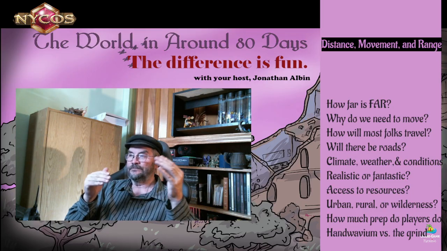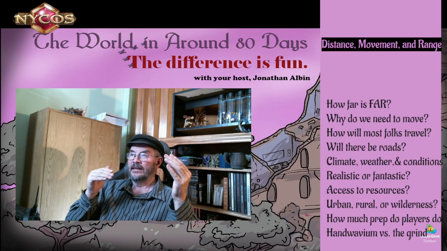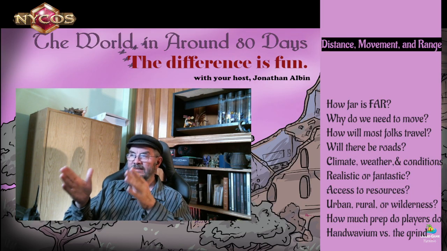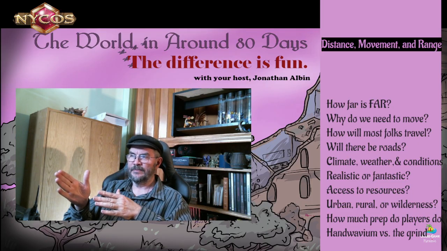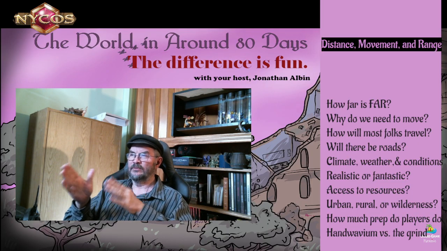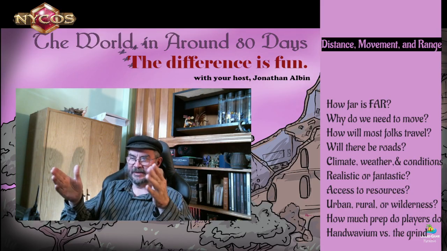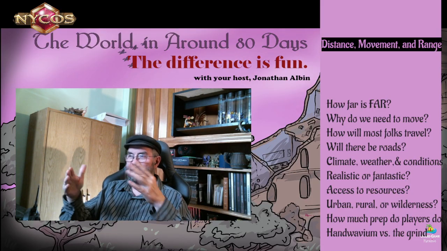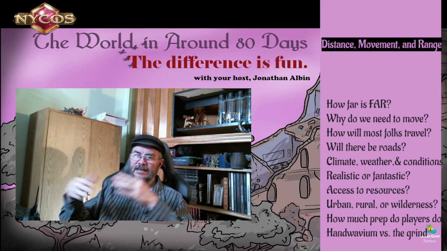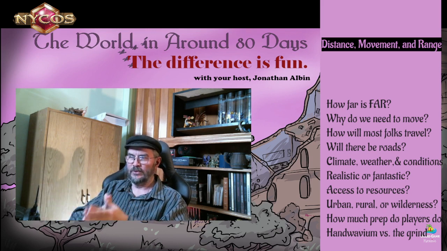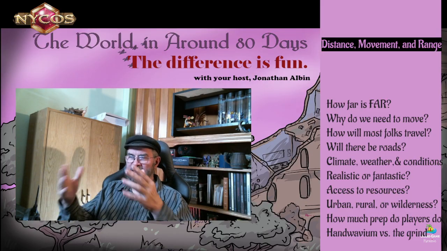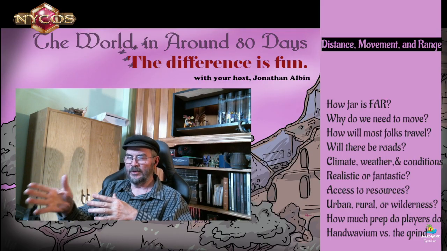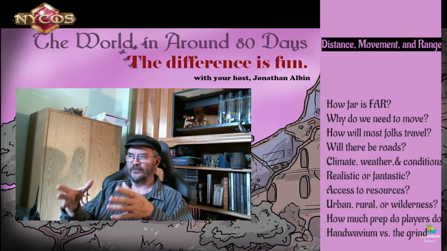Now, the question here is, how do we use distance, movement, and range when world building, when we are creating the world? And in Nycos, the mechanism, the world in around 80 days, purports to provide for you as a game master, if you follow the recommendations, within 80 days of the beginning of your process, you will have a functional, useful world.